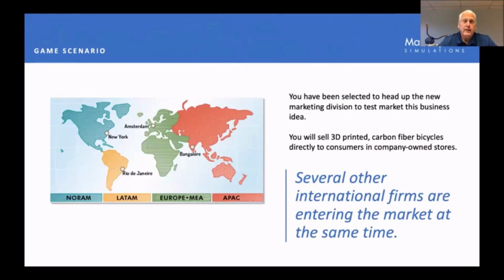And you can tailor a bicycle to every single customer. Another innovation is the carbon fiber. There are tremendous improvements recently where this material has gotten down to a material that's just as inexpensive as the socks you might wear if you were exercising. Quite literally, it's the same material. And you'll be competing against other international firms that are testing the market at the same time.